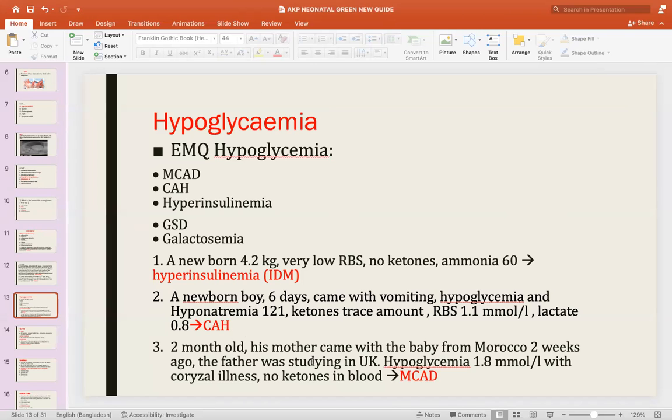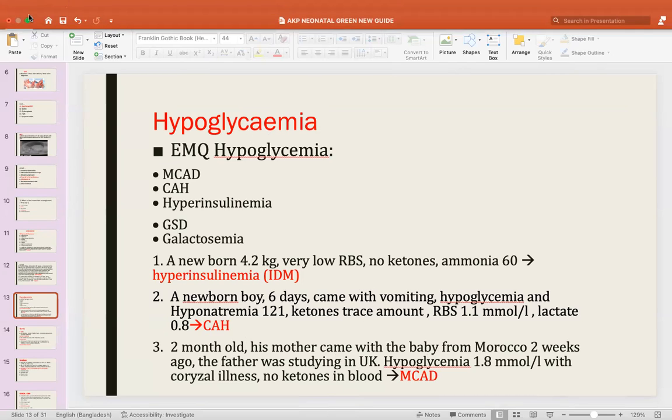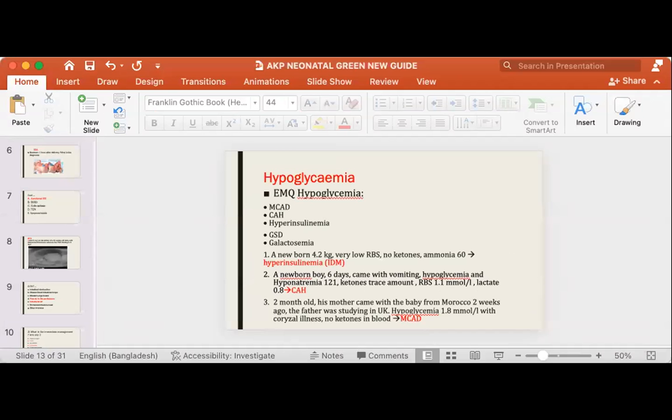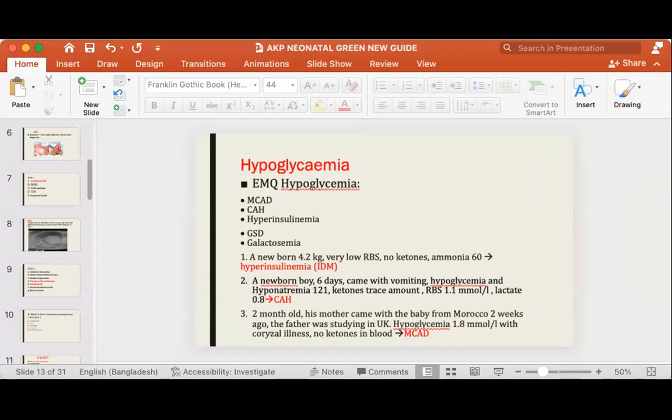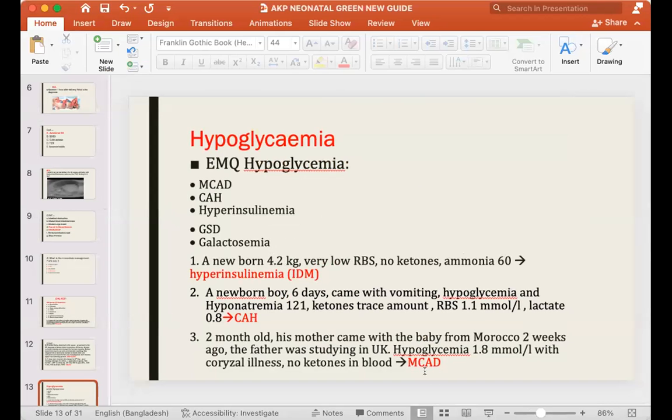Now, a 2-month-old. His mother came with the baby from Morocco 2 weeks ago. The baby is 2 months old and the father was studying in the UK. There is a hypoglycemic episode, 1.8, with coryzal illness.